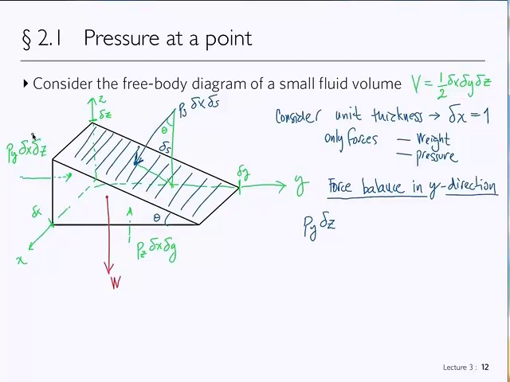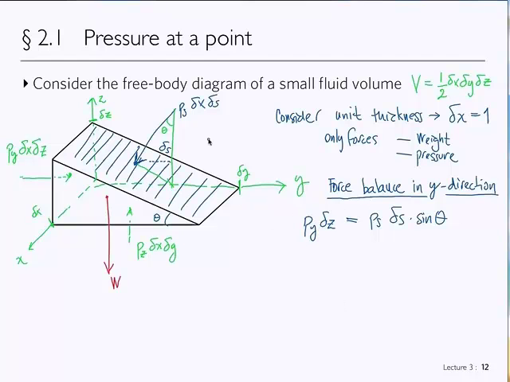Delta x is equal to 1, so we forget about that, and the component in that direction is going to be ps ds, which we can always calculate, times sine of theta, so that's that component over here of that force.